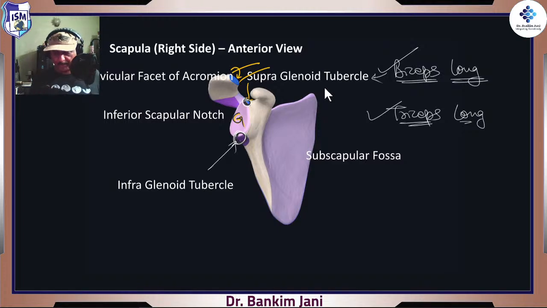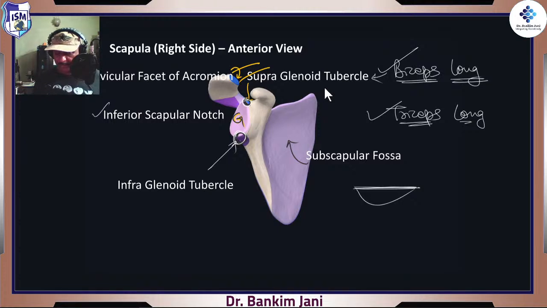That's infraglenoid. This is the subscapular fossa. No description is needed because you know it is our favorite subscapularis muscle, which is connected over here. Now there is the inferior scapular notch. I'll show you this notch from another angle also. But meantime, if you remember, last time we talked about the suprascapular notch, which is converted into the suprascapular foramen.